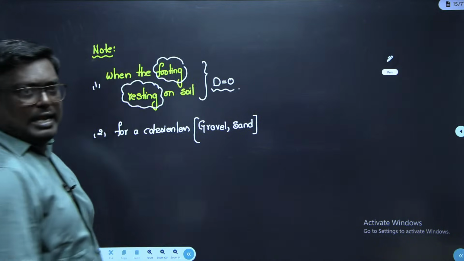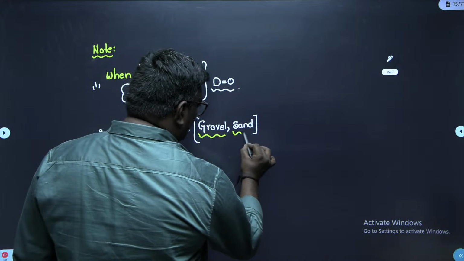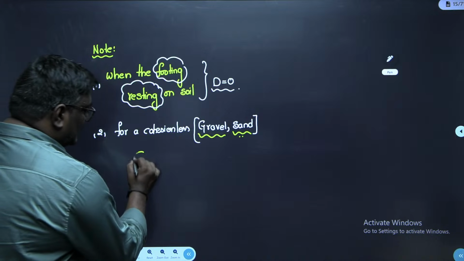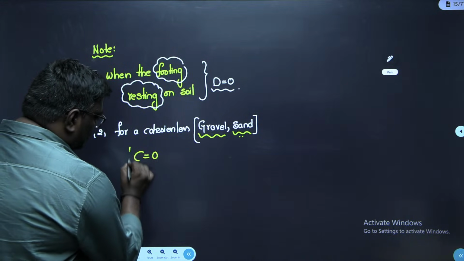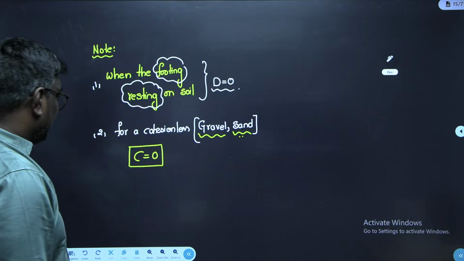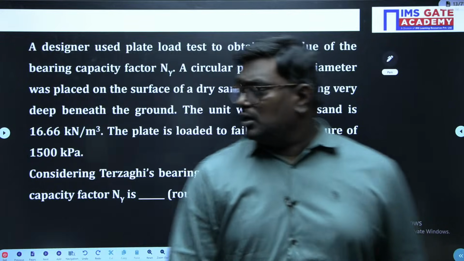For cohesionless soils, you can take the examples as gravel and sand. So for cohesionless soils, what will be the cohesion? Cohesion will be equal to 0. Agree?